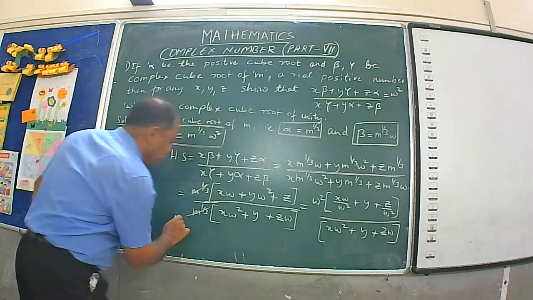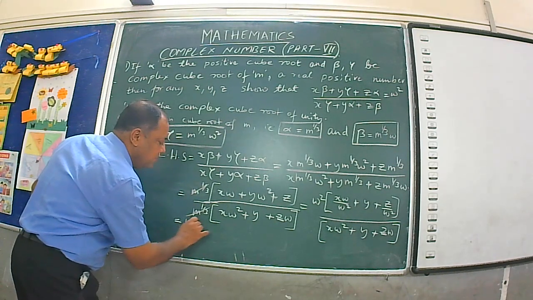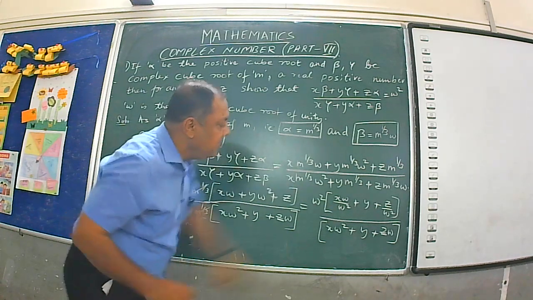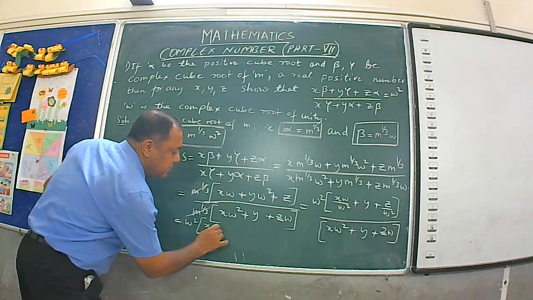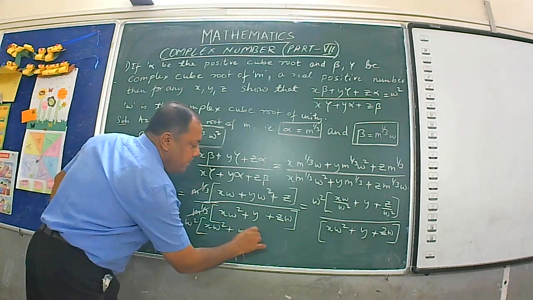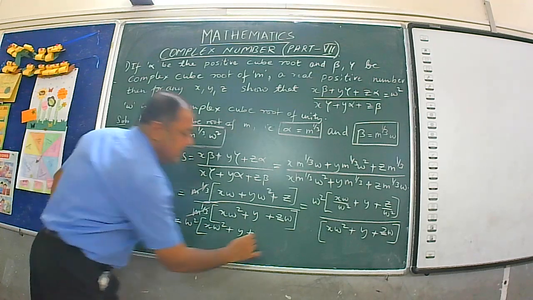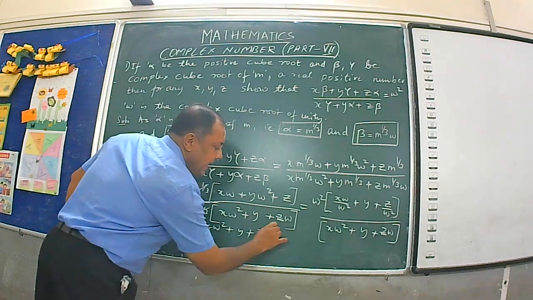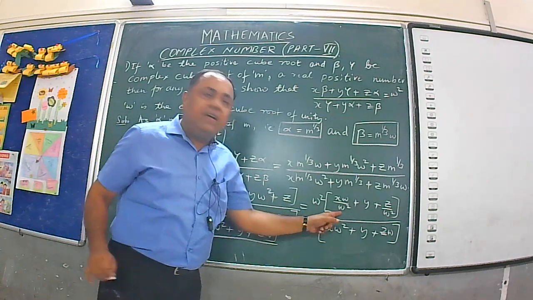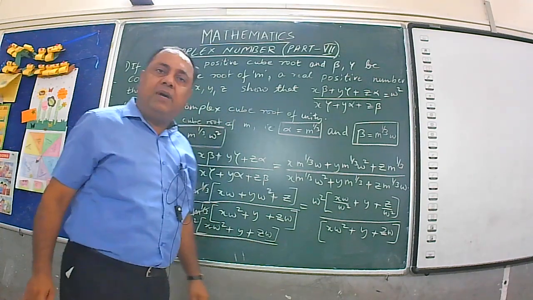Now, on further simplification, in omega square, I am multiplying omega to numerator and denominator: x omega square plus y plus z omega, and I am not writing omega cube. Omega cube is equal to 1.